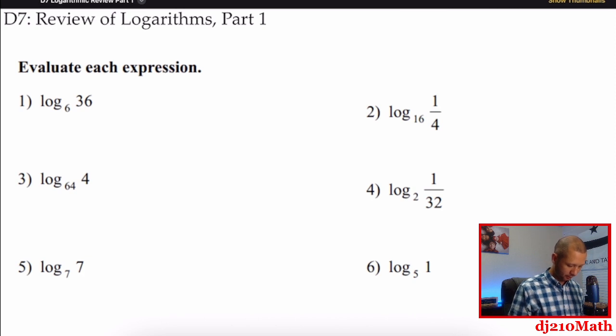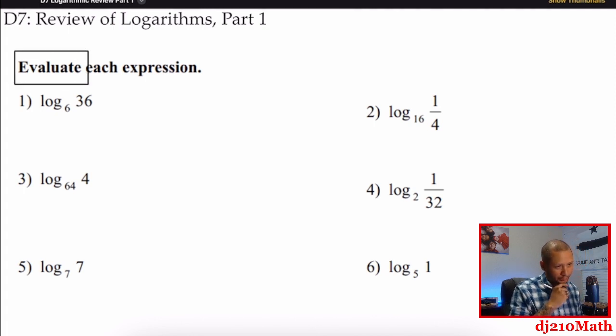All right, so when we're evaluating a log, the idea is that we want to set the log equal to a variable.